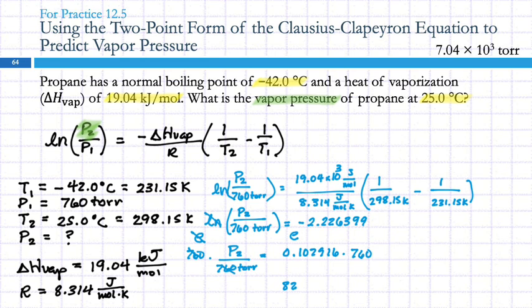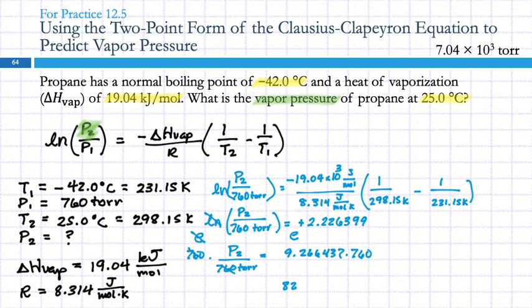Thank you. Yes, I'm missing a negative. There's a negative here. So this has to be negative, which makes this positive. So I've got e to the positive 2.226399, which is 9.266437 times 760.